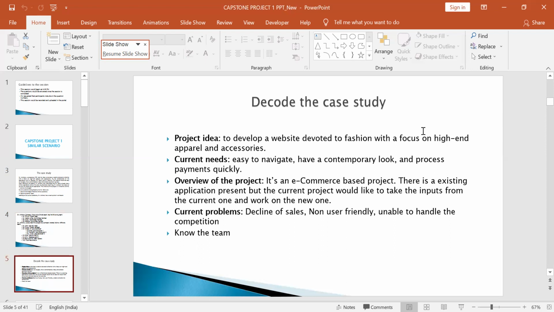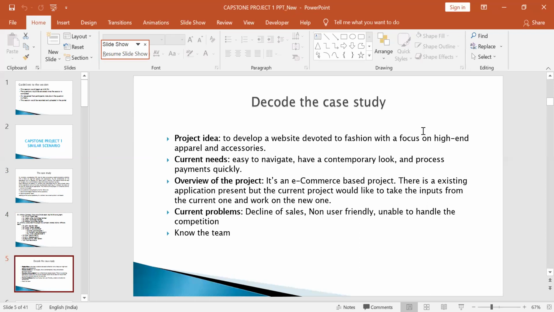What is the project idea for this project? To develop a website devoted to fashion with a focus on high-end apparel and accessories. So he wants to focus on the brands, apparels and accessories, everything. So that is the idea.